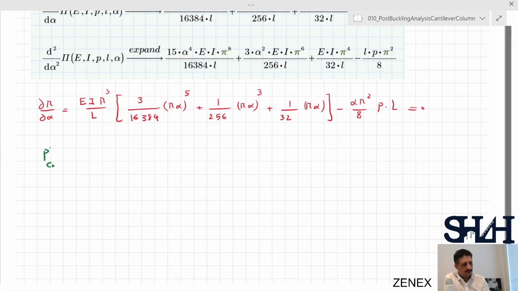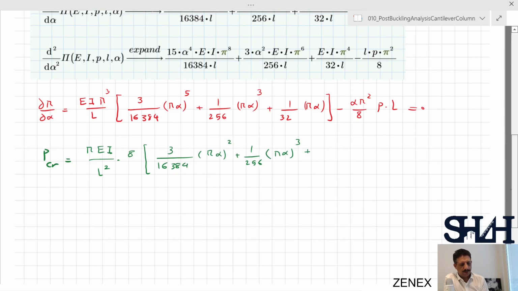So P critical will be pi EI over L squared times 8 times 3 over 16,384 pi alpha power by 2 plus 1 over 256 pi alpha power by 3 plus 1 over 32 pi alpha.